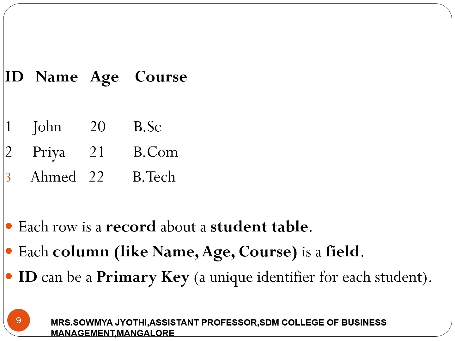Referring to the example given here, the student table consists of 3 rows or 3 records with ID, roll number, student name, age and course as the column names, where ID can be considered as a primary key for unique identification of the student.